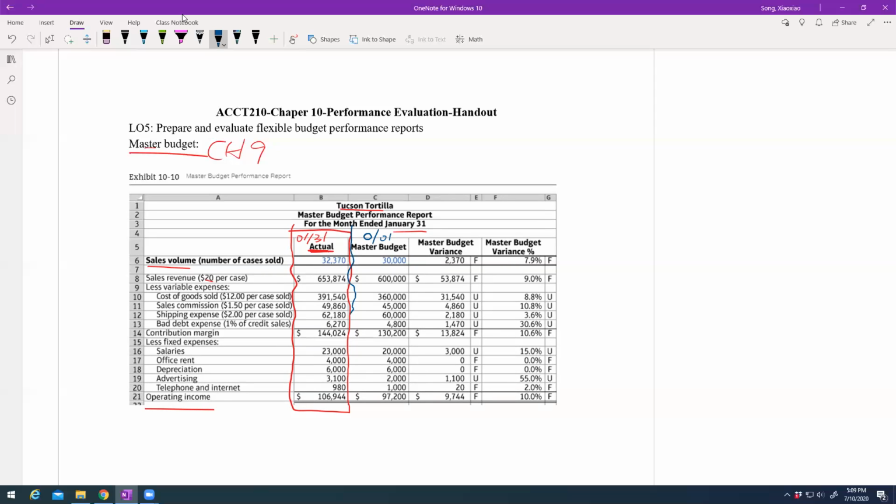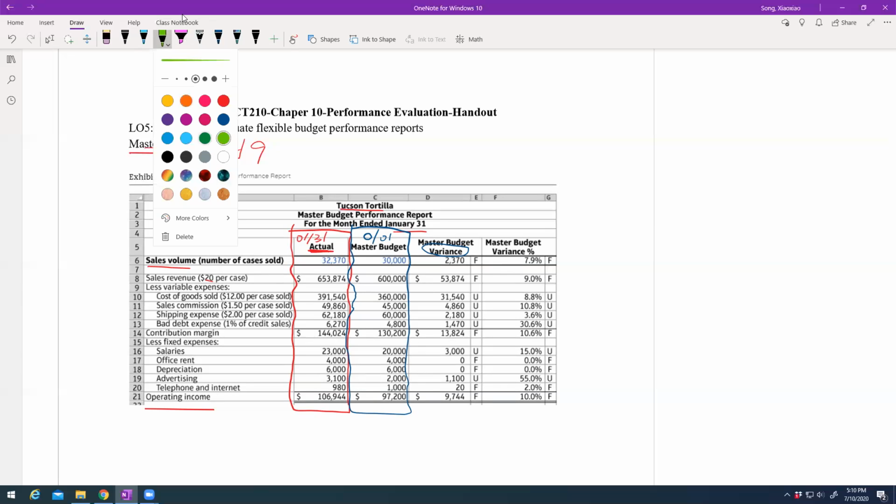We know most likely your budget is different from your actual, and in our accounting we have a fancy name. We do not call it difference. We use the word variance.